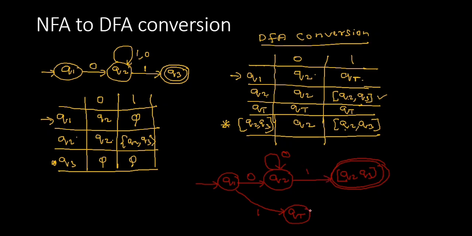And in QT, either when you apply 0 or 1, it always goes to QT itself. So 0, 1. And in Q2, Q3, when 0 is applied, it goes to Q2. And when 1 is applied, we make a self loop here, it comes to itself.